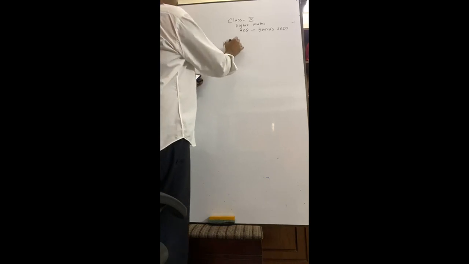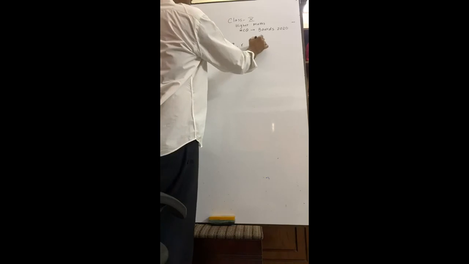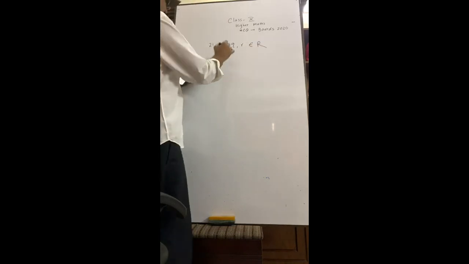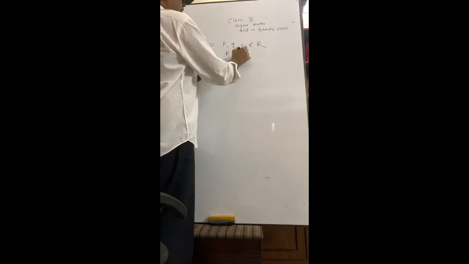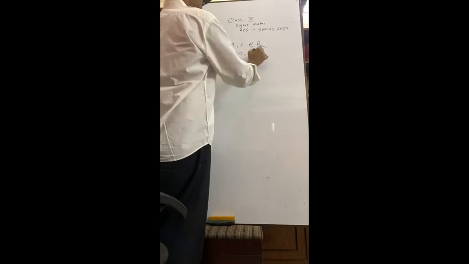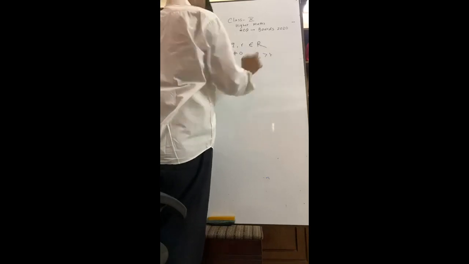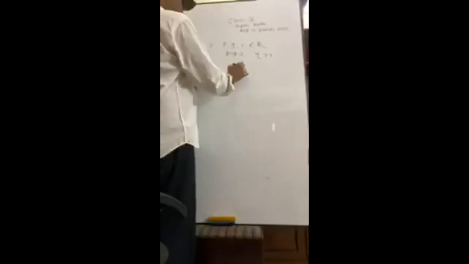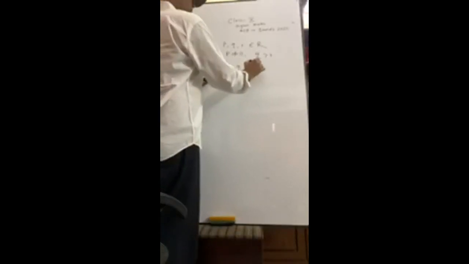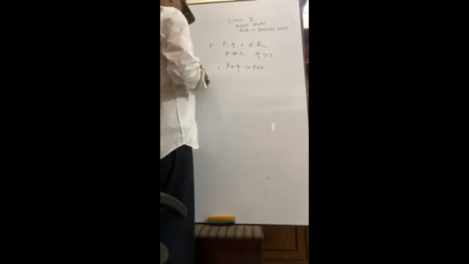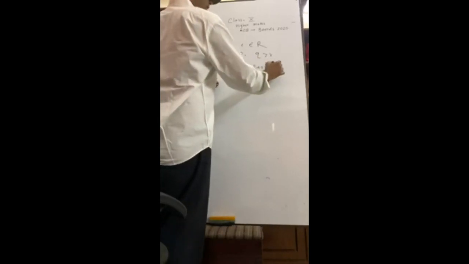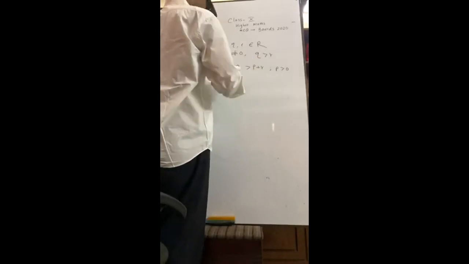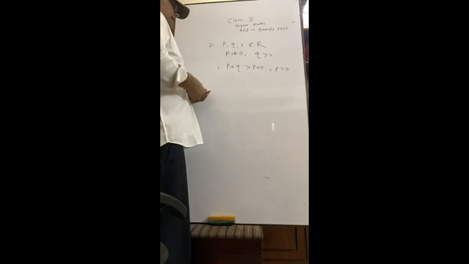P, Q, R belong to real numbers, okay, and P is not equal to 0, and it is also written that Q is greater than R. Then number 1, P plus Q is greater than P plus R, where P is greater than 0.